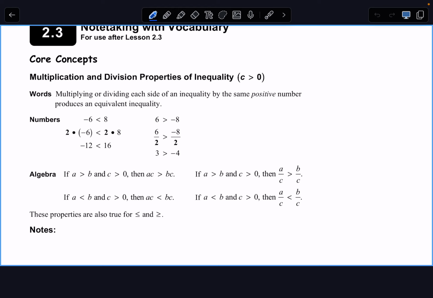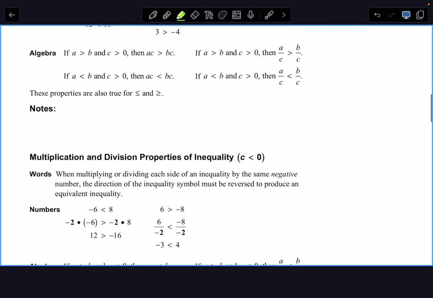As long as the number is positive, we can multiply or divide each side of our inequality by a positive number and it does not affect our inequality.